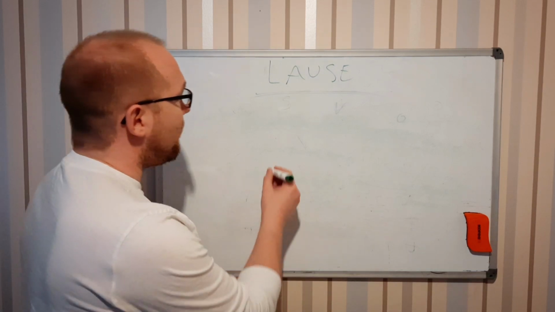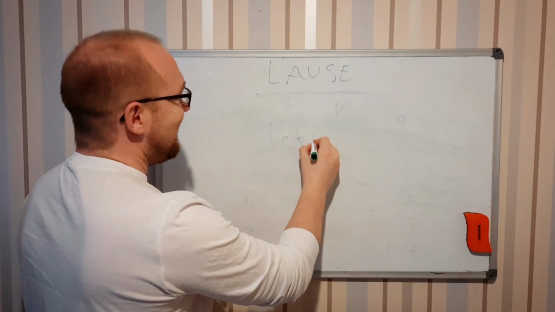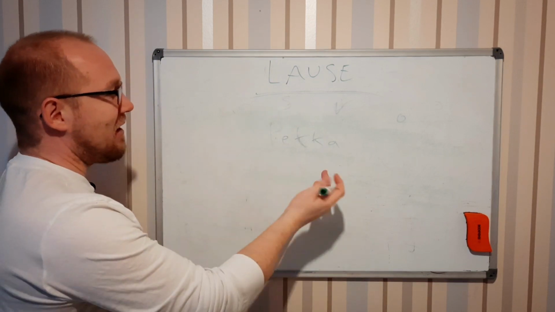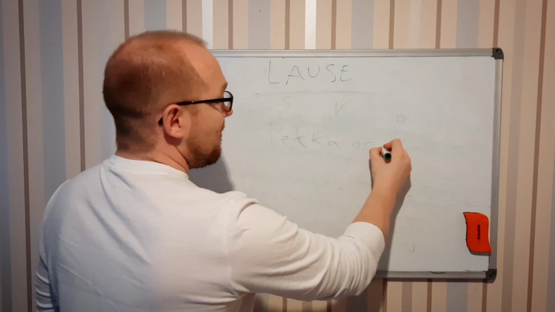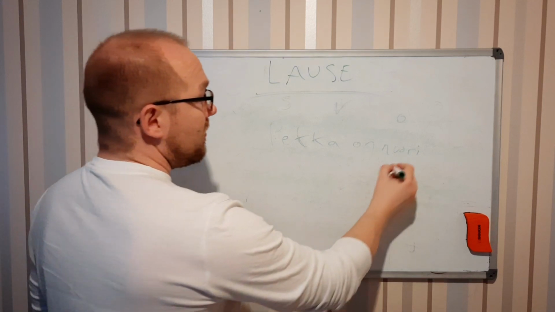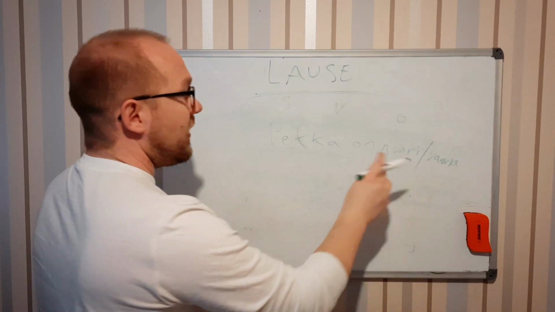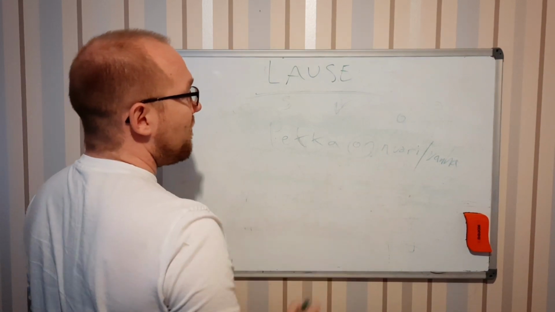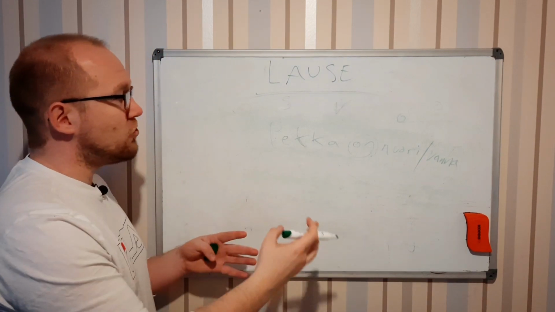Like if you still have Pekka here, how to describe Pekka? Pekka on something. Pekka on nuori. Pekka on vanha. So nuori, young, vanha, old. Pekka on. How to use the be verb with Pekka. How to conjugate it.